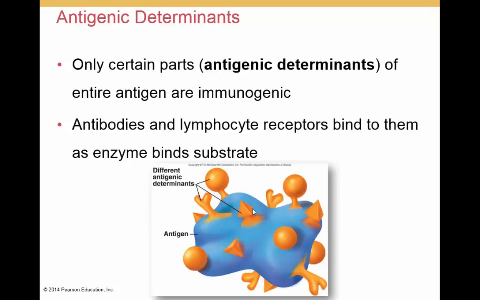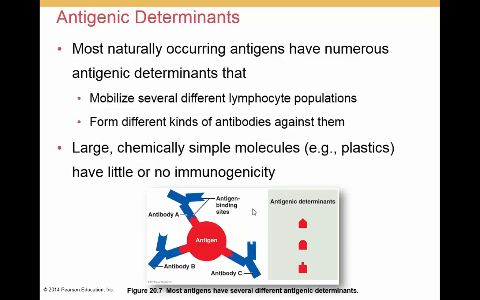If you think of an example, transfusion of the wrong blood type, you're not attacking the whole blood cell. It's actually recognizing just the A marker on the surface, that protein, or the B, or both if you're type O blood. Those are antigenic determinants. So most naturally occurring antigens, again, just like I showed you, have multiple different antigenic determinants on the surface.